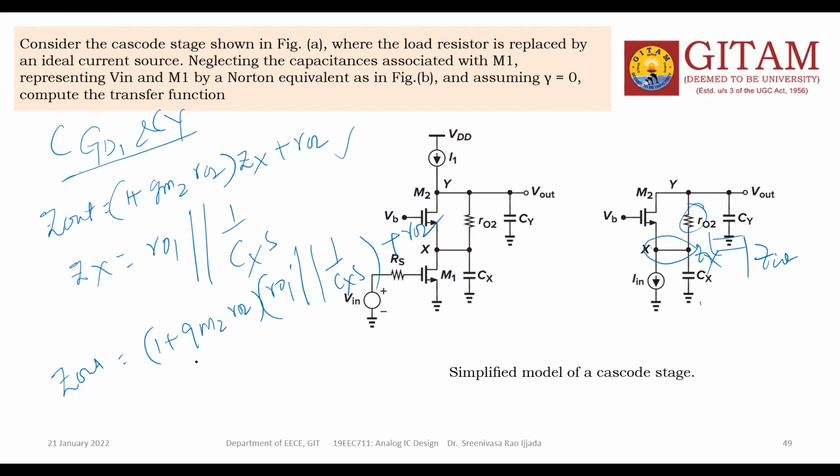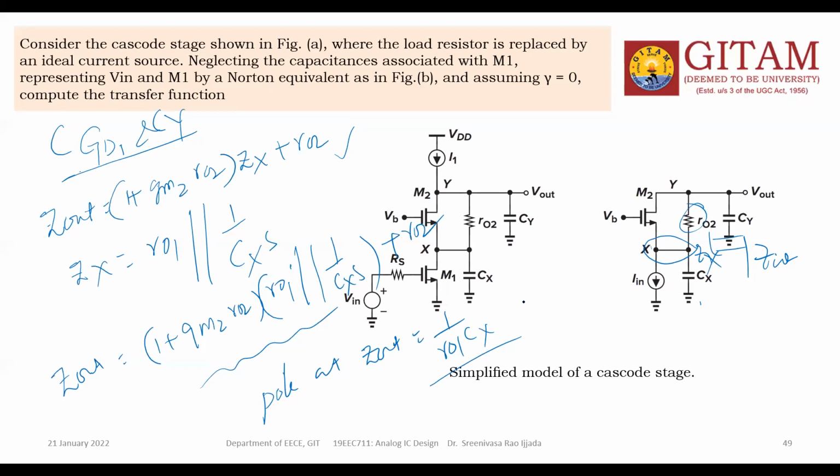From this, Zout has a pole, the term contained in S. Taking the parallel combination, the pole in the Zout transfer function is at 1 by R01 into Cx.